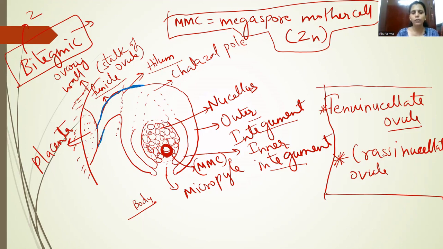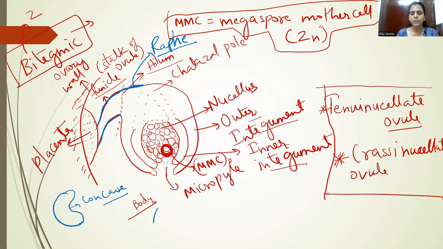It will not stop at the end of the stalk, but it will also cover some part of the body of the ovule. And this part is known as raphe. Now, you must have seen the bean seed, the rajma seed. So this is the concave side of the rajma seed.